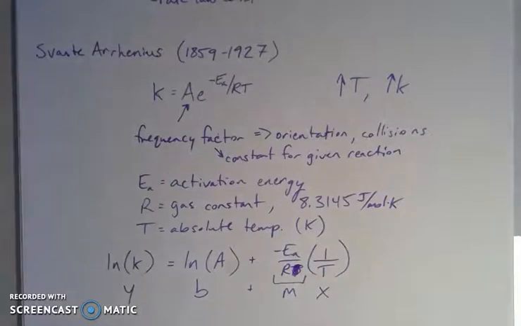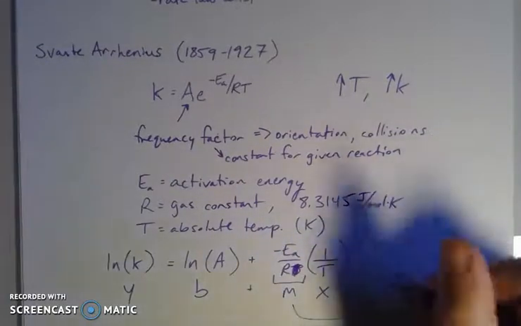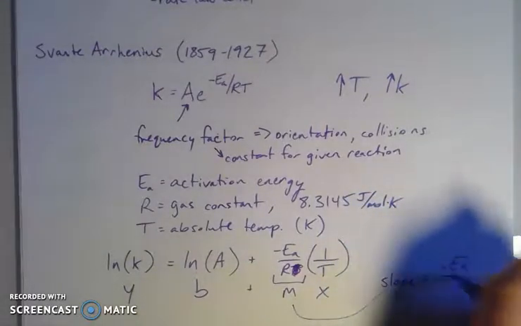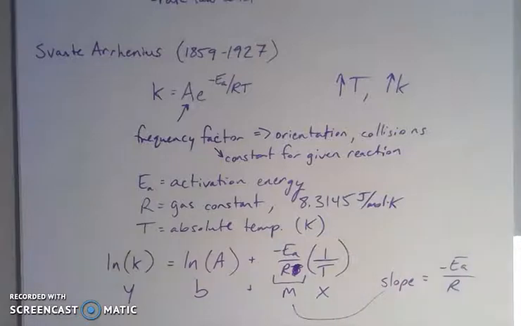The cool thing is that my slope is equal to the negative activation energy over R, and R is a constant. So if I'm given temperature and a rate constant and I graph these data, I can use the slope of that line to give me my activation energy. So that's a neat way to solve for an activation energy.